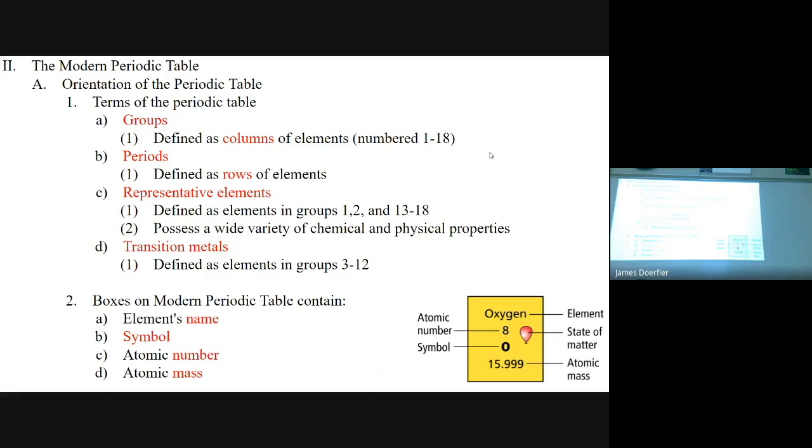For instance, the one over there on the fume hood not only has the symbol, the atomic number, the atomic mass, but it's also got the noble gas electron configuration there. It's also got valence electrons listed there. So depending on what version you get, you're going to have a wide variety, but they're all going to be consistent in terms of these 4 aspects.